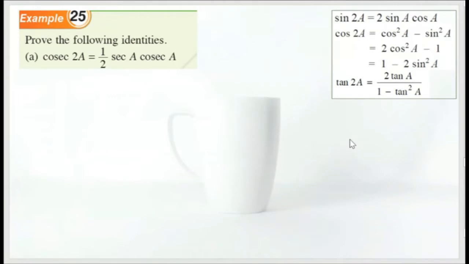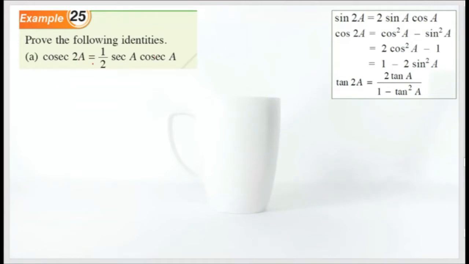Let's look at the example given in your textbook, example 25. We're going to prove. Prove means that you need to prove from left-hand side to right-hand side, or right-hand side to left-hand side. From this question, you see 2A, the angle is double.